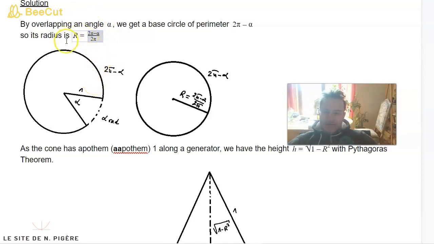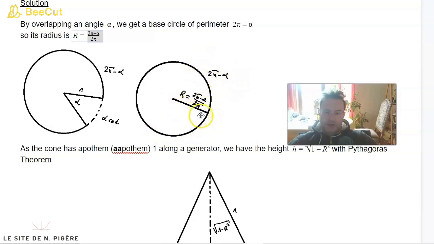Let's explain this once again. At the beginning we've got a circle of radius 1. Then we overlap an angle alpha. Then the rest of the circumference here would be of length 2 pi minus alpha. And when we overlap these, the base disc will have a circumference of length 2 pi minus alpha.